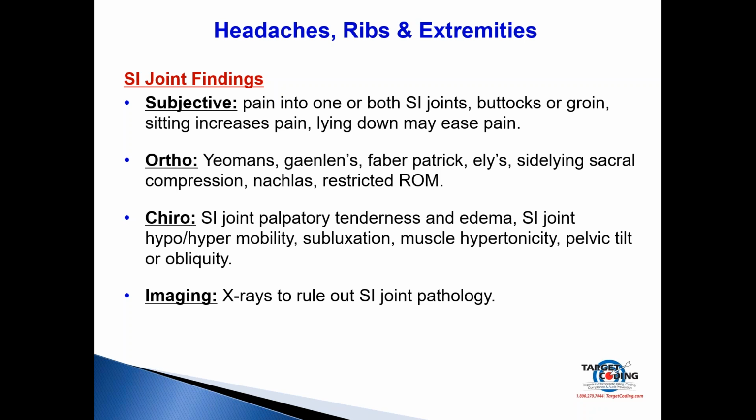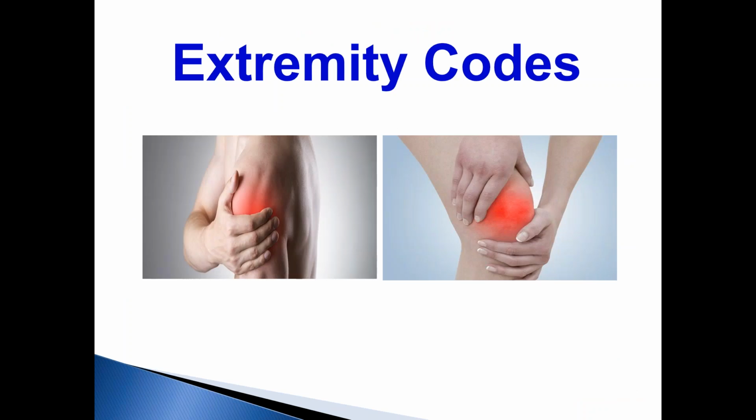And actually, I'm going to mention a book in a few minutes that is an excellent book that I recommend all chiropractors have as part of their library, where it provides you with a whole bunch of very common chiropractic diagnosis codes, and then it also provides the ortho, neuro, chiro, subjective tests to do in order to justify that code. Alrighty, let's move on now to extremity diagnosis codes.